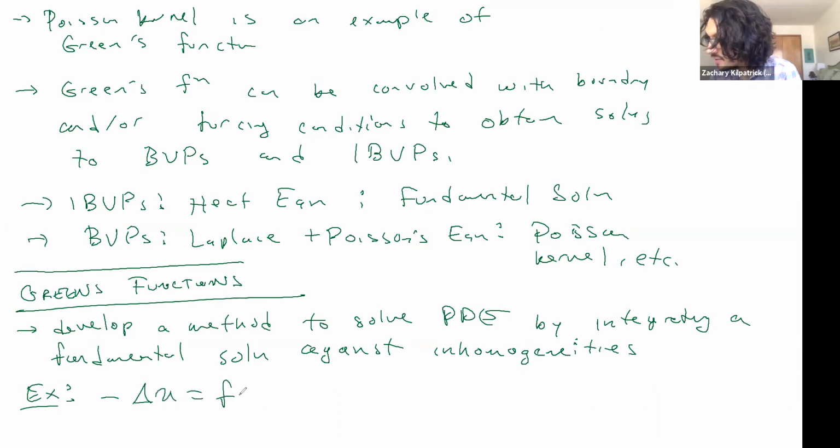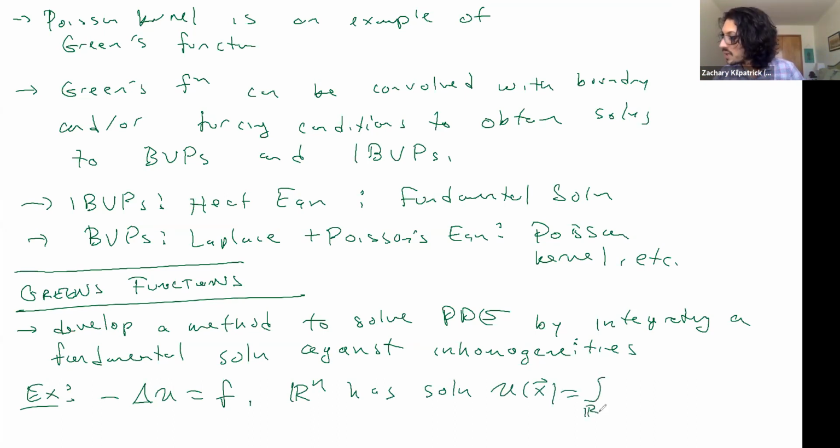I'd like a way to convolve against that inhomogeneity F. And in fact, in general, on Rn, this has a solution: u of x is equal to, well, I know it, it's my fundamental solution to Laplace's equation, just convolved against my inhomogeneity there.